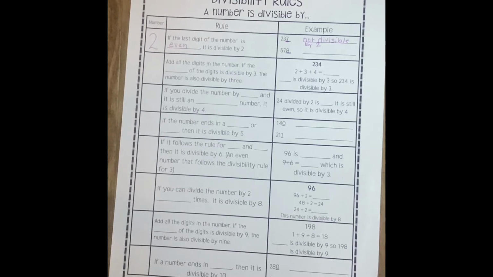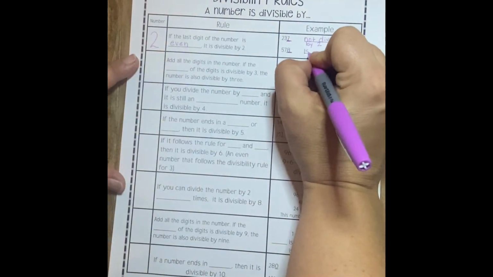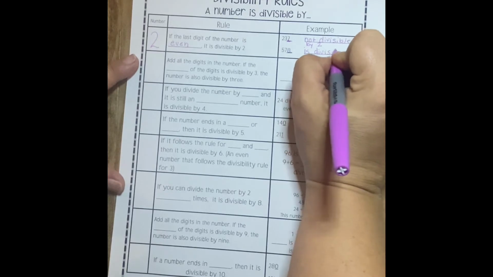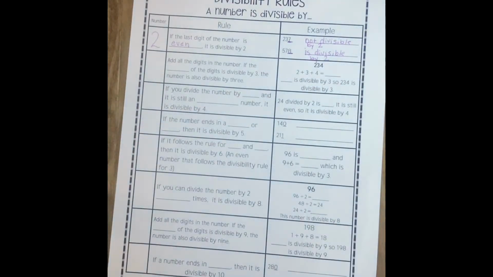Simply by looking at the last digit, the 8, I can see that it is even, so 578 is divisible by 2. So the divisibility rule for 2 is really simple. Straightforward, just look at the number and check out that last digit and see if it is even or not.